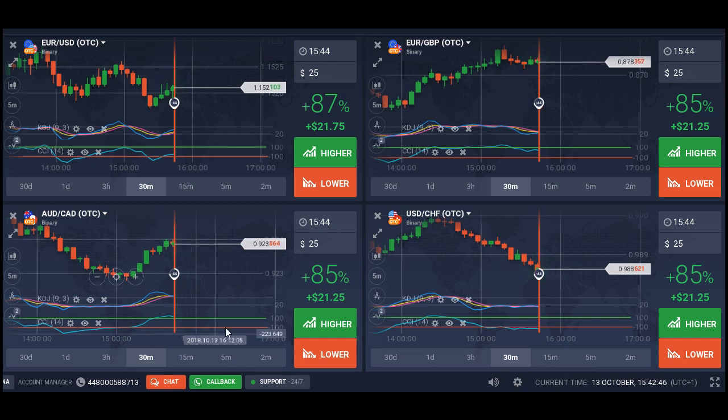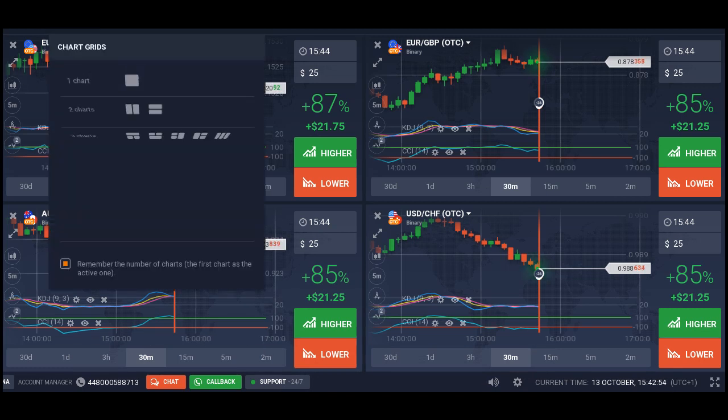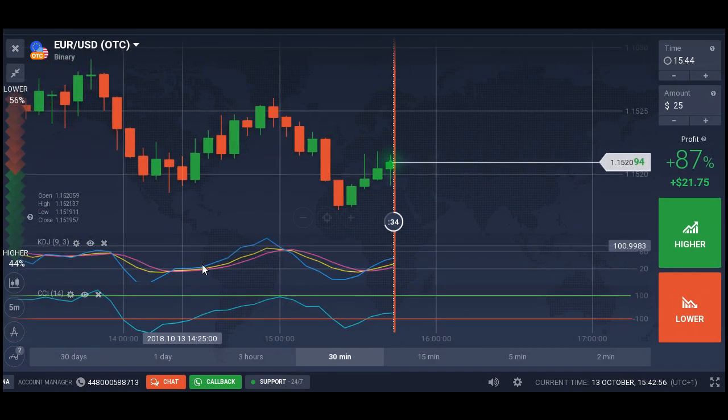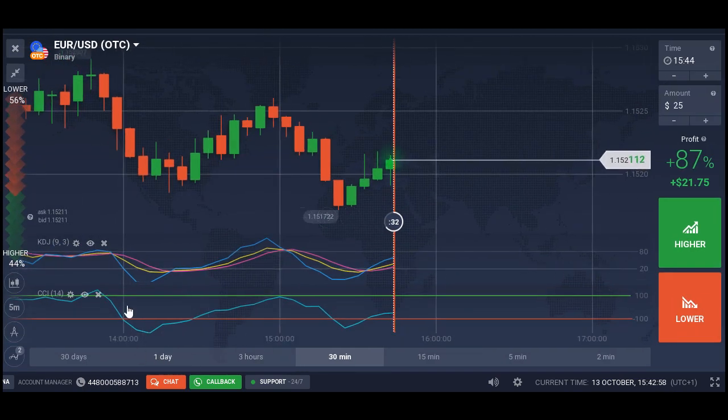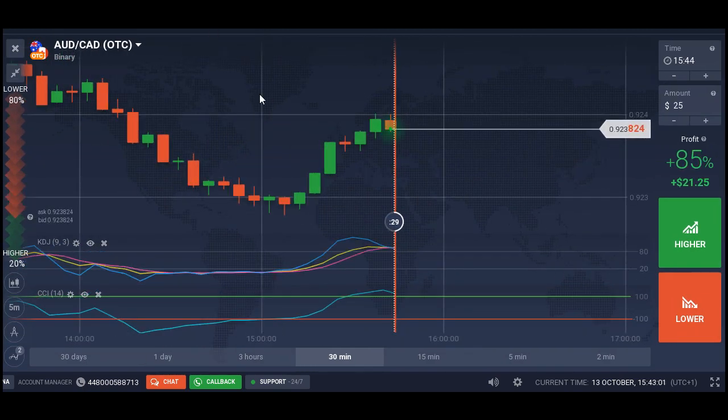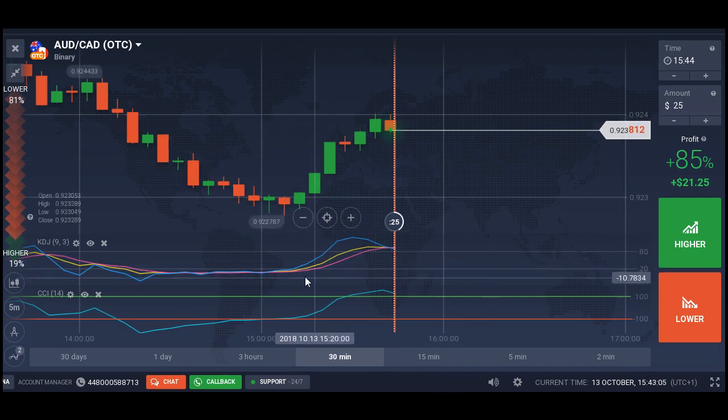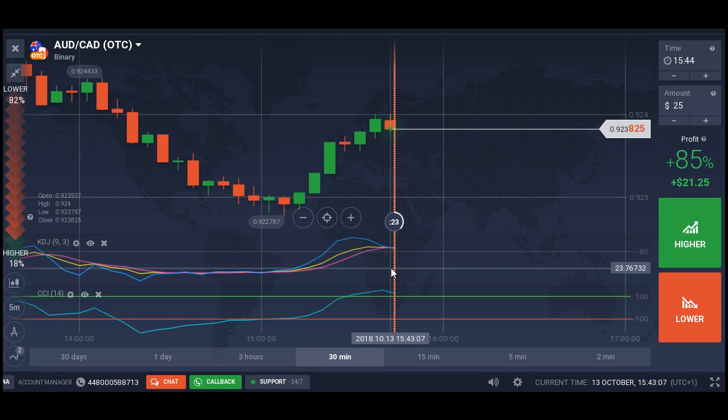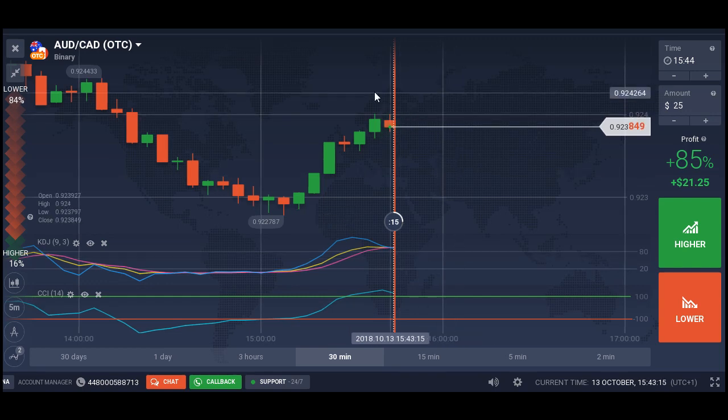Okay, I'm waiting patiently for this. Okay, look, this is a moon shape, and this is the CCI that has gone up and is coming down via the green line for a sell signal. Now look at this.